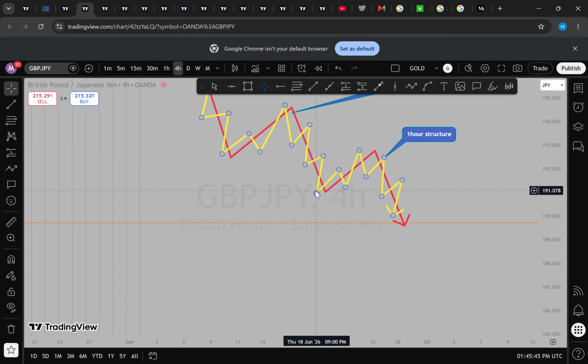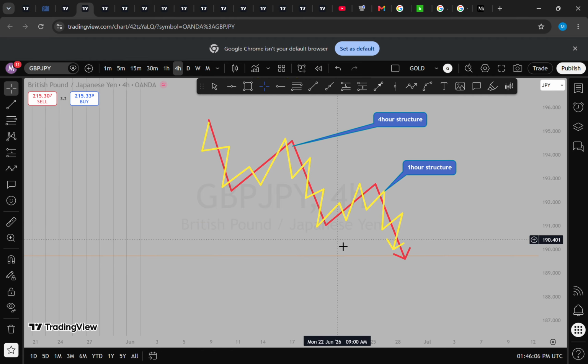Now, if you switch to 1 hour and you are trading this as an uptrend, before you know it, this reversal will take you out. But if you are trading with a major structure, this red line, which I term 4 hour, you trade with the bigger range, which is the 4 hour.